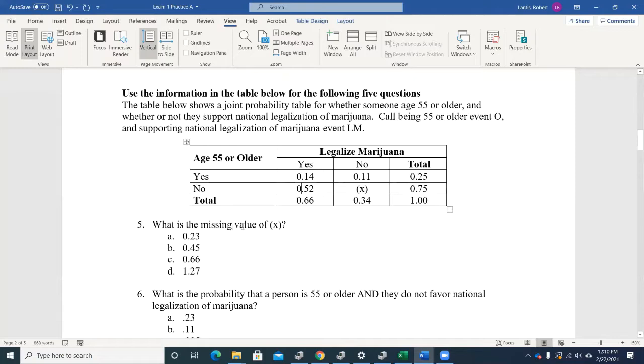So what would the missing value of X be in this contingency table? Well, first of all, which of these can I rule out right away? If I'm looking for a probability, yeah, 1.27. I can't see anything outside the range of 0 to 1. Right? So right away, I now have a 1 in 3 shot if I'm just guessing, just from simply remembering that principle.